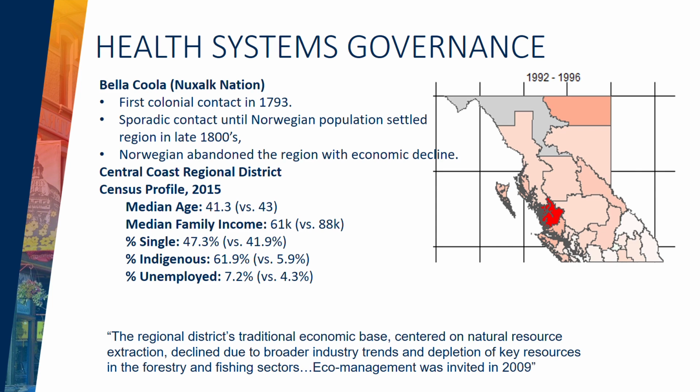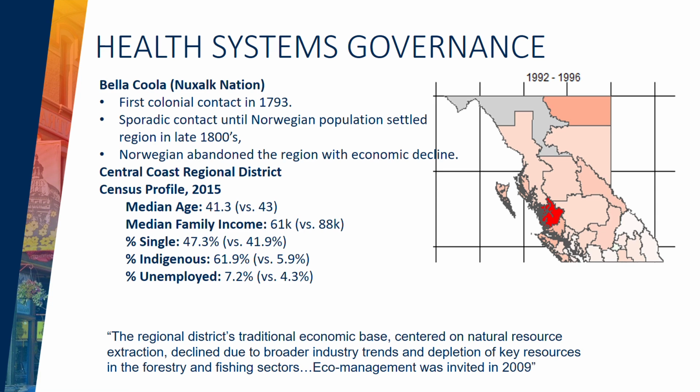And so we have to think deeper about what might be contributing to this. And so I think about things like family income, which is a standard kind of social determinant of health. And you see that family incomes are much lower in the Central Coastal region compared to the province as a whole.